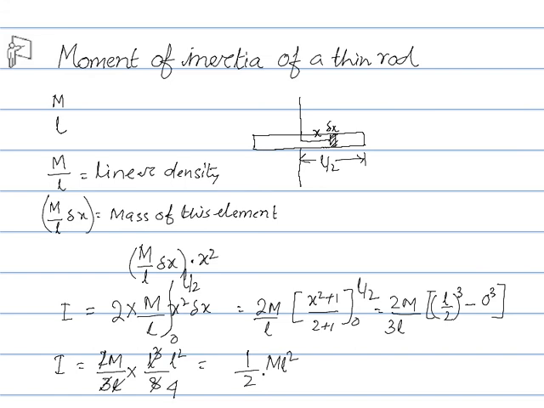Now this is the moment of inertia of this thin rod about an axis passing through the center of the rod and perpendicular to it. Now if we want to find the moment of inertia of this rod about an axis passing through one end, then we can apply the theorem of parallel axis.